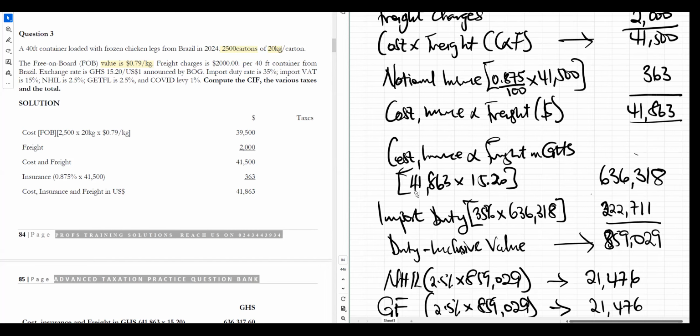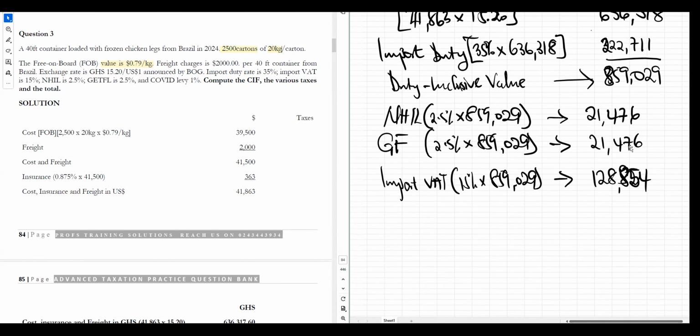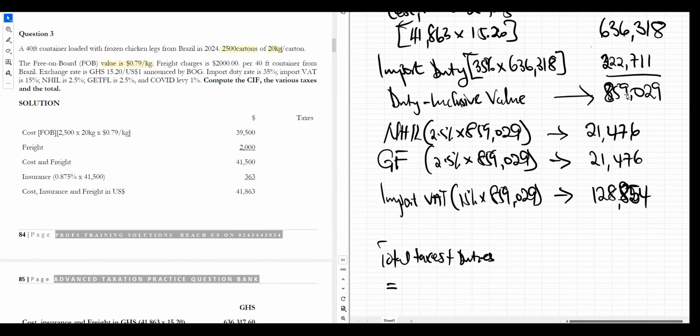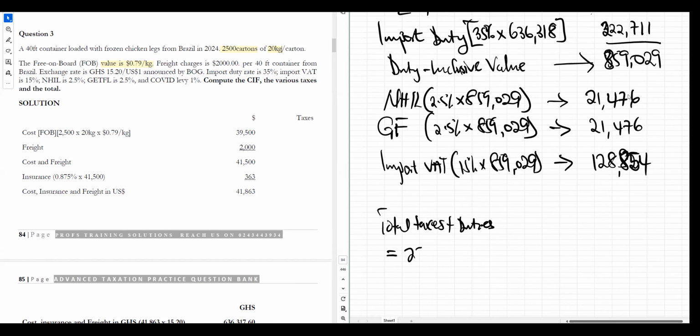We have the duty, 222,711, plus our 21,476, plus 21,476, plus 128,854, right? So this is what will be on your import declaration form.